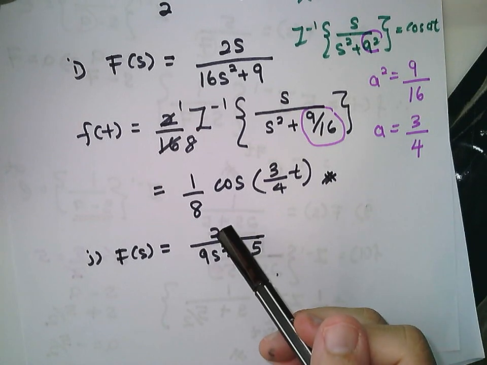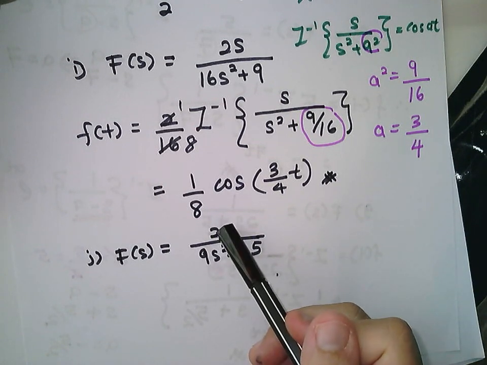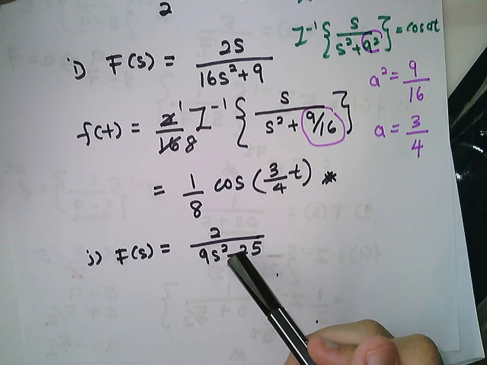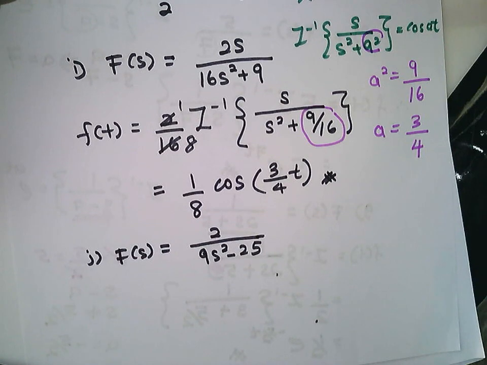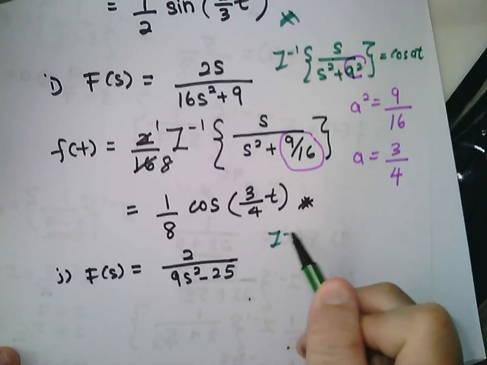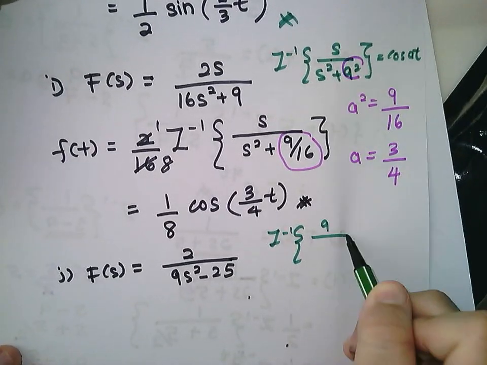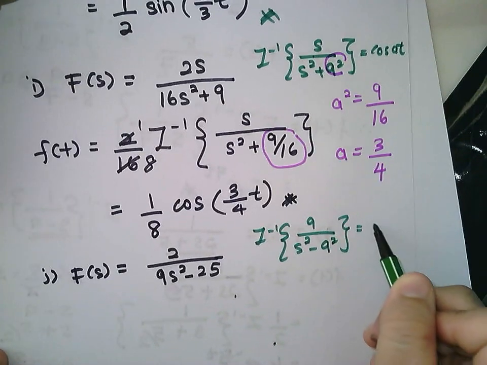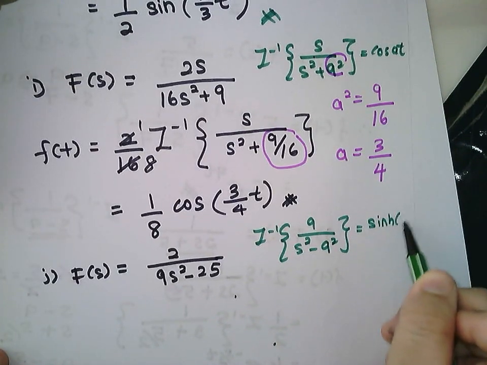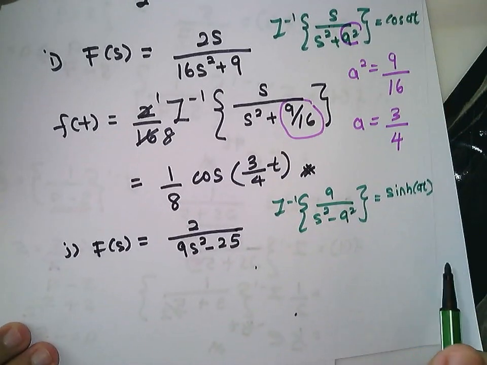Because of a constant for the numerator. Why hyperbolic? Because you have s squared minus a squared. So the inverse of a over s squared minus a squared is equal to sinh(at).